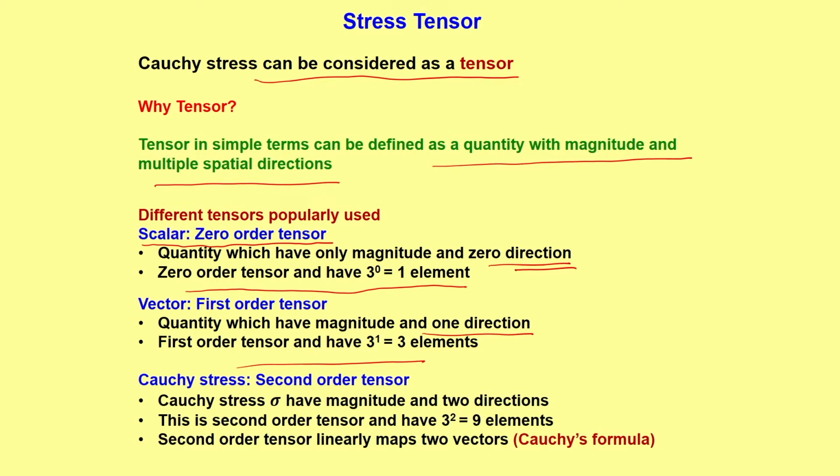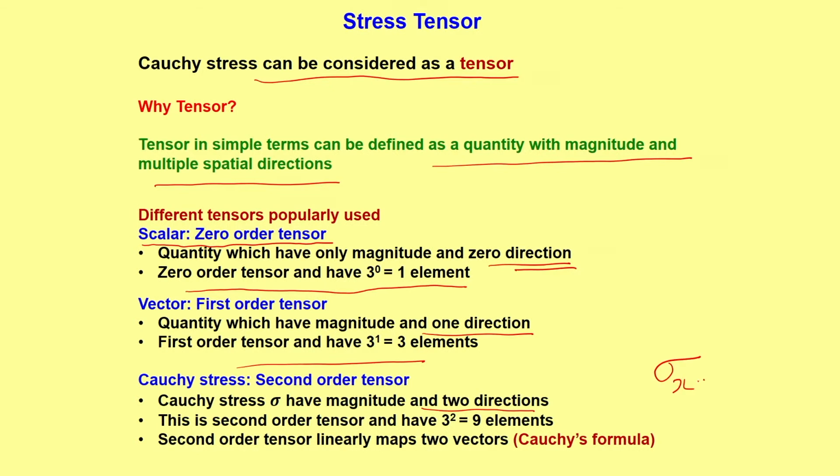And specifically Cauchy's stress is a second order tensor. Why? Cauchy's stress sigma has magnitude and 2 directions. Now, what are these 2 directions? We will see how these 2 directions come into the picture when you define a stress component, and it is very easy. If you remember Cauchy's stress, we represent it as sigma x x or sigma x y.